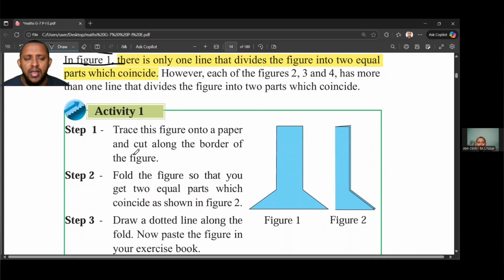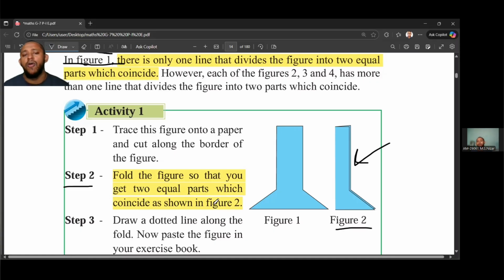So they are asking us to cut this particular figure along its border. As step 2, they are asking us to fold the figure so that you get two equal parts which coincide, as shown in figure 2. It's visible right here in figure 2.